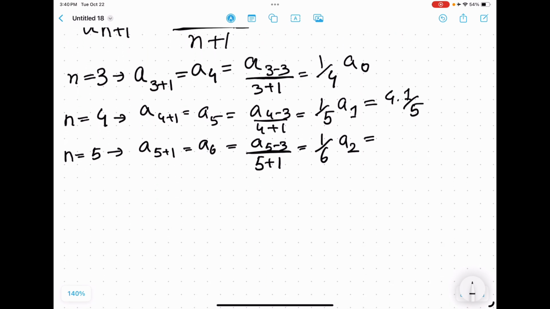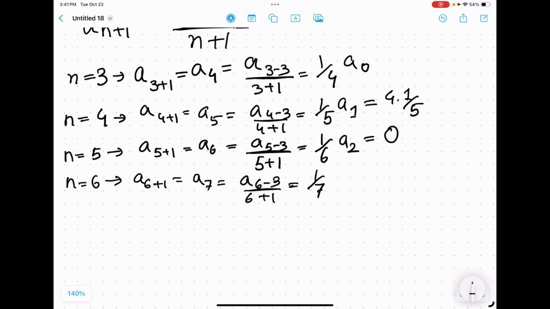So that's why I have 0. All right, then let's do n equal to 6. So I have a sub 6 plus 1, which is a sub 7, equals a sub 6 minus 3 by 6 plus 1, which is 1 by 7, a sub 3. Again, we have seen that our a sub 3 is also 0, which gives us a 0.